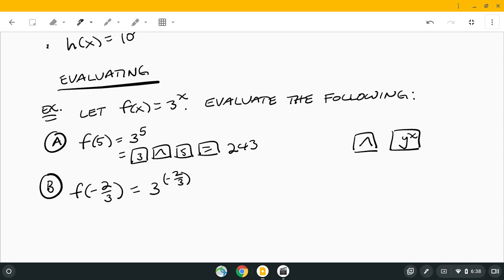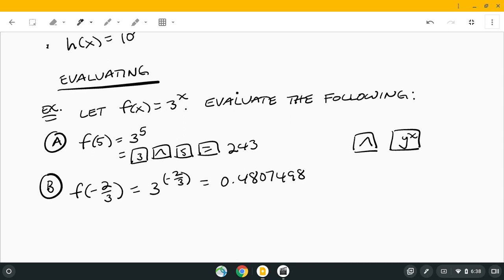Go ahead and punch this in and see if you get this answer, 0.4807498.